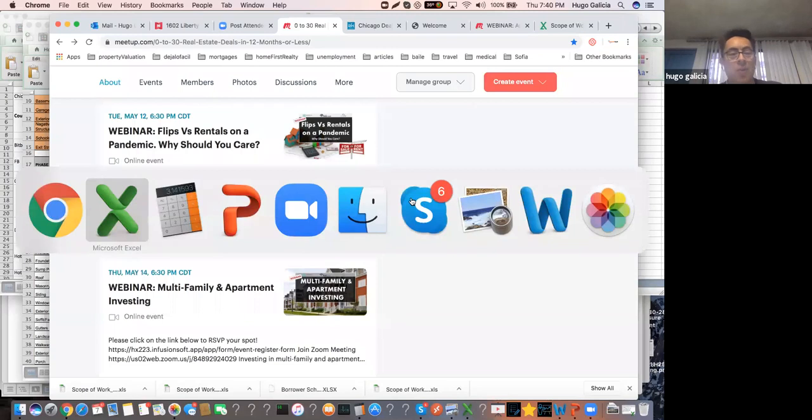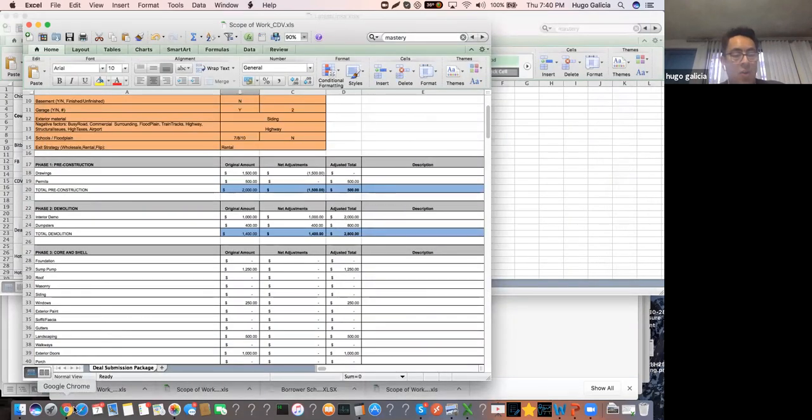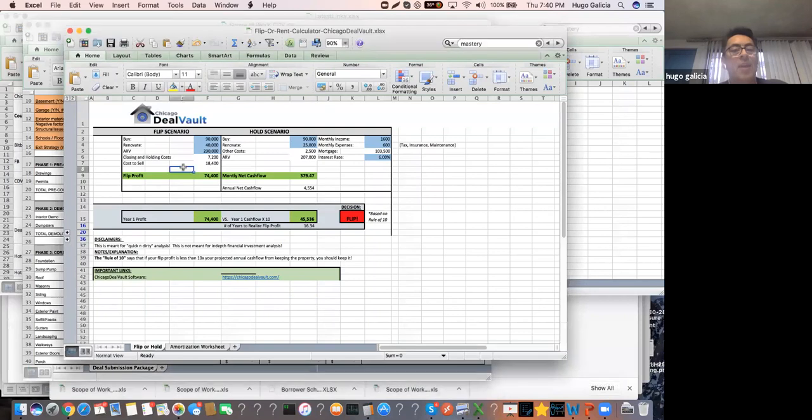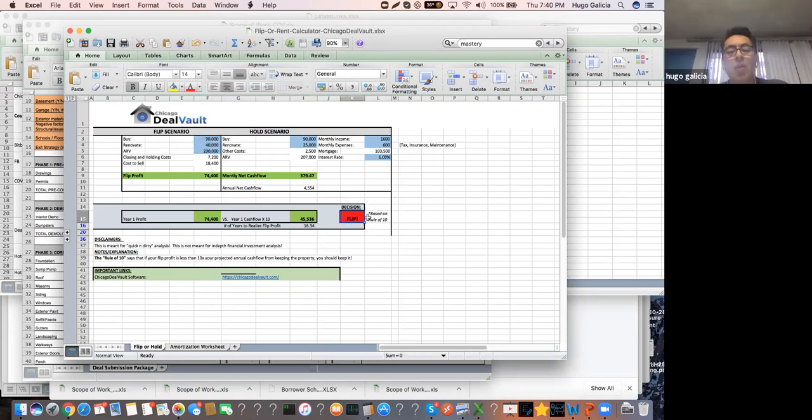And guess what I'm going to share with you guys? We have created a very awesome framework that is going to help you. Let me show you a quick peek of what that looks like. In here, we have a flip scenario and a hold scenario, right? We're going to run a few numbers, and then the spreadsheet is going to tell you whether you should flip or hold, okay?